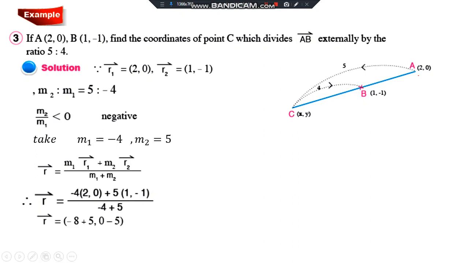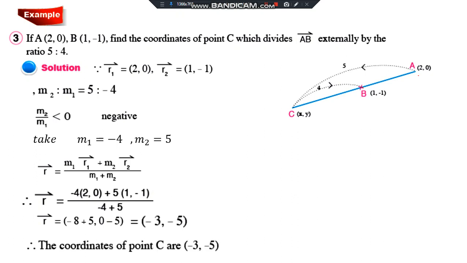So it will be (-8 plus 5) over 1, and (0 minus 5) over 1, which will be (-3, -5). This represents the coordinate of the point C. So C will be (-3, -5).